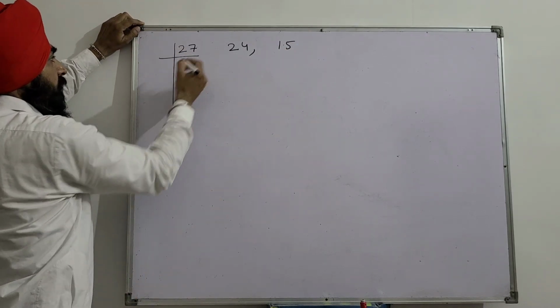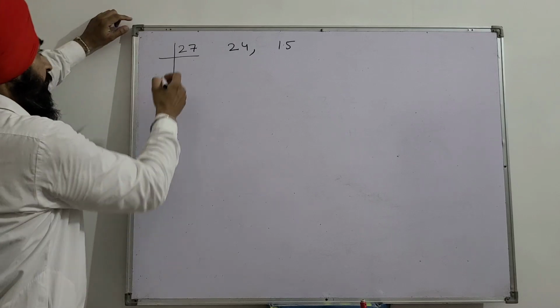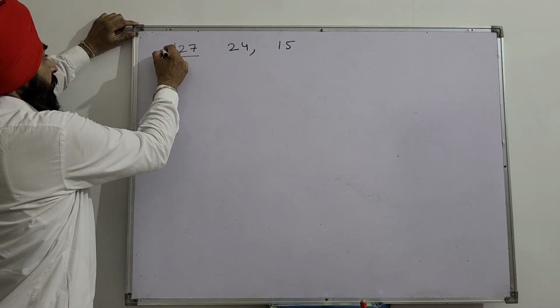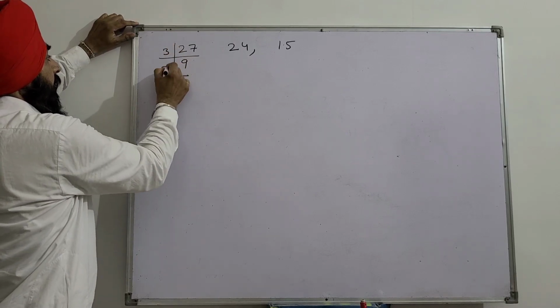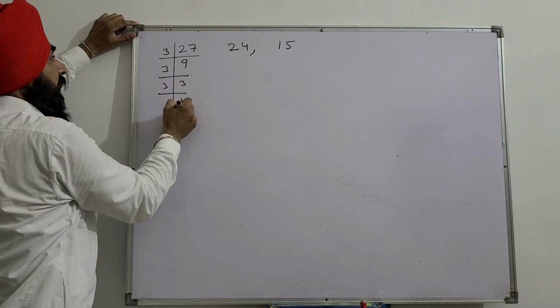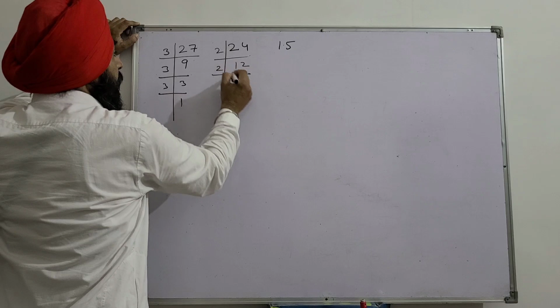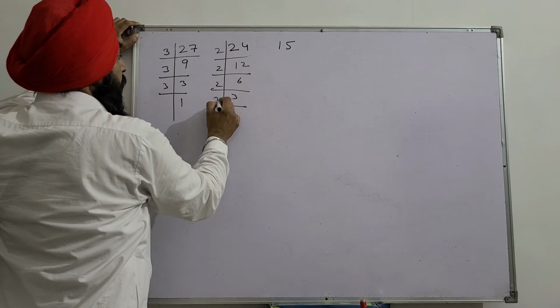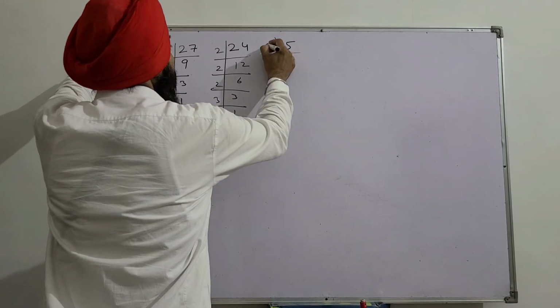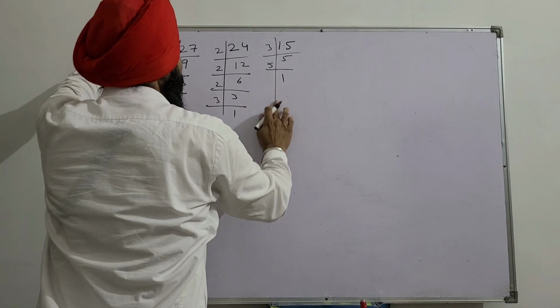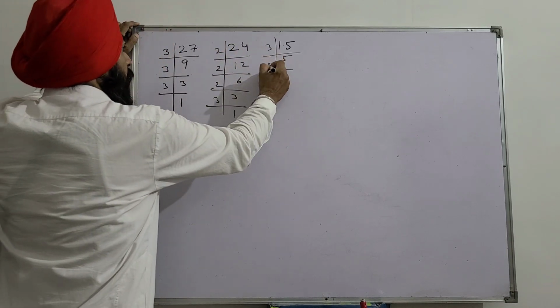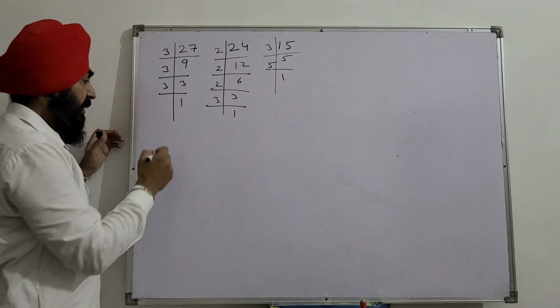So very firstly we have to find the prime factors. The prime factors of 27 are 3, then again 3, and then again 3. For 24, it goes to 2, then again 2, then again 2, then 3. For 15, 3 and 5 only. Is it clear? So how can we find the HCF and LCM?